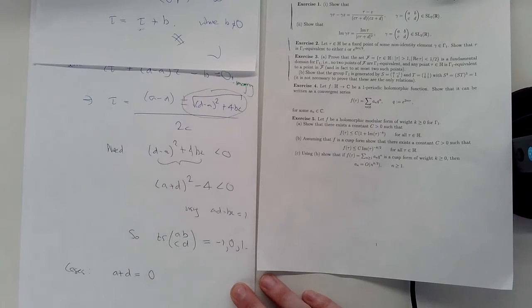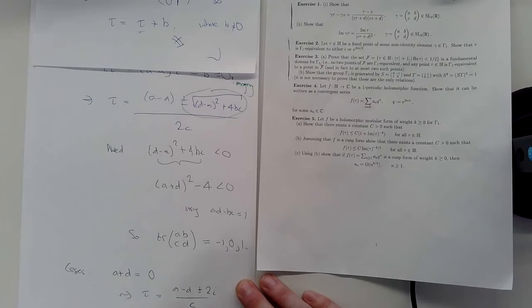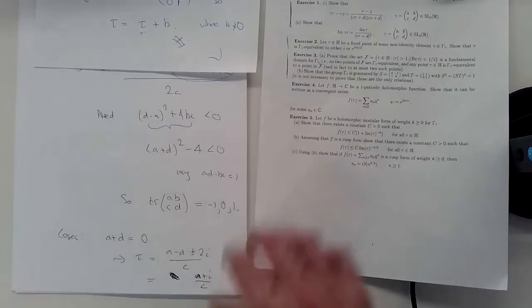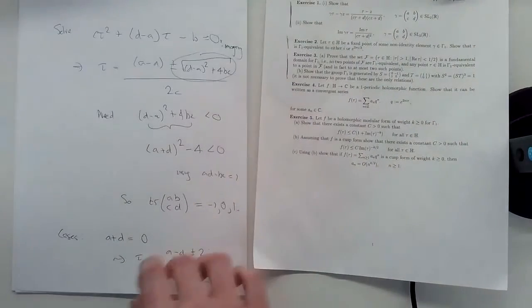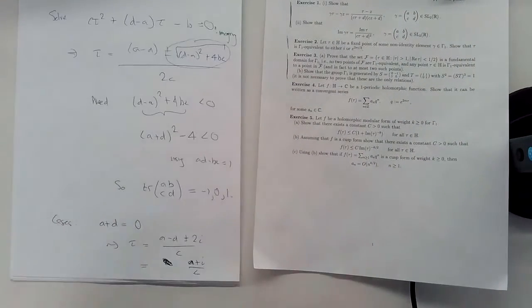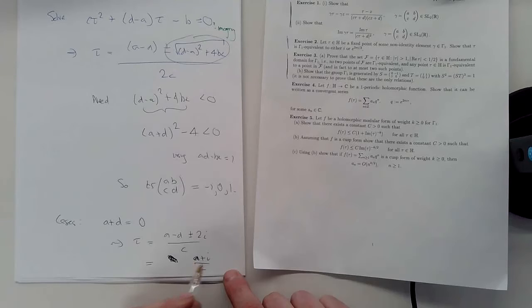If we take the trace to be 0, then we end up writing that tau is equal to the following, which should just go straight to the simplification. Tau in this case should be (A plus i) over C.